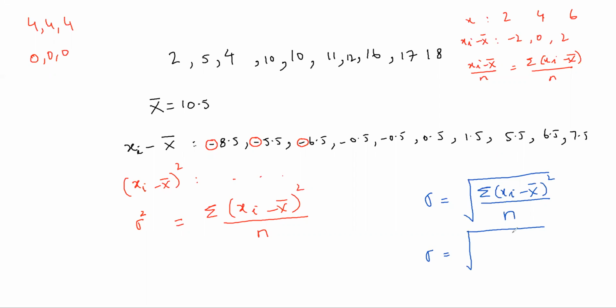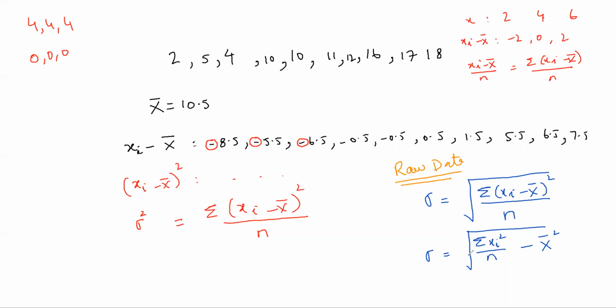Please note it down. That can also be explained, but I will not. Over n minus the mean square. This gives you the same result, they both are the same. But these two formulas can be used when you have the raw data.